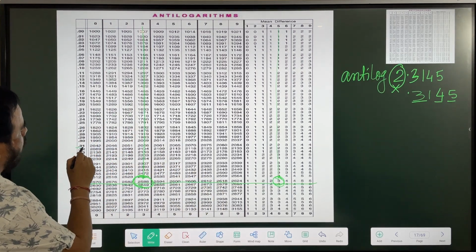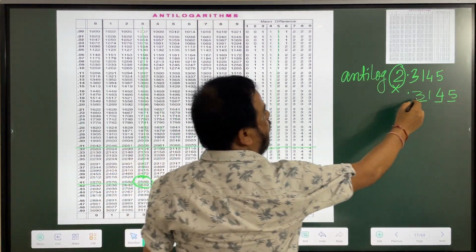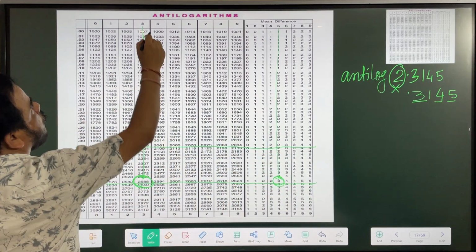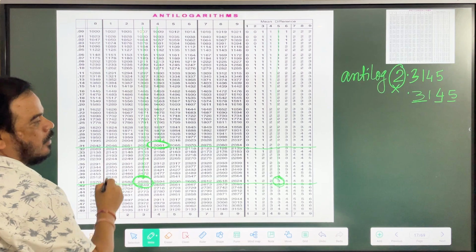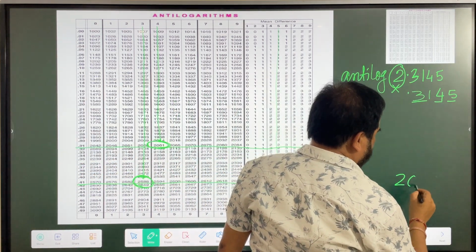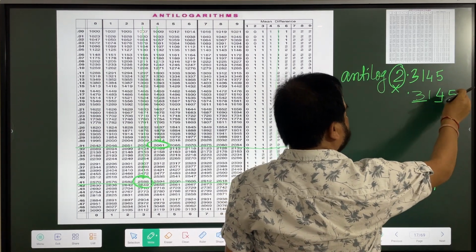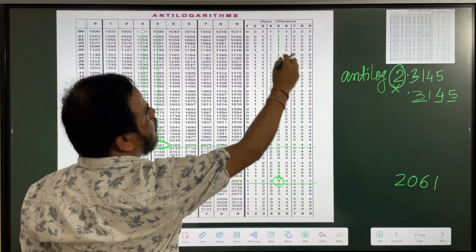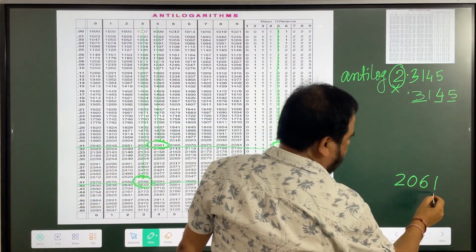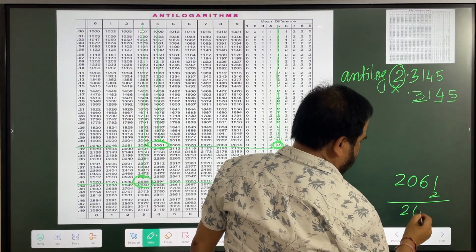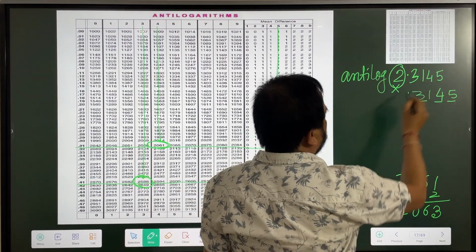This is 0.31, that I have marked on this line. Then 4 is there. So for 4, here we have got 2061. 31 4 finished. Now 5. The last digit will be for the mean difference. 5 is there, so here it will come. Here it is 2, so we will add 2: 2063.